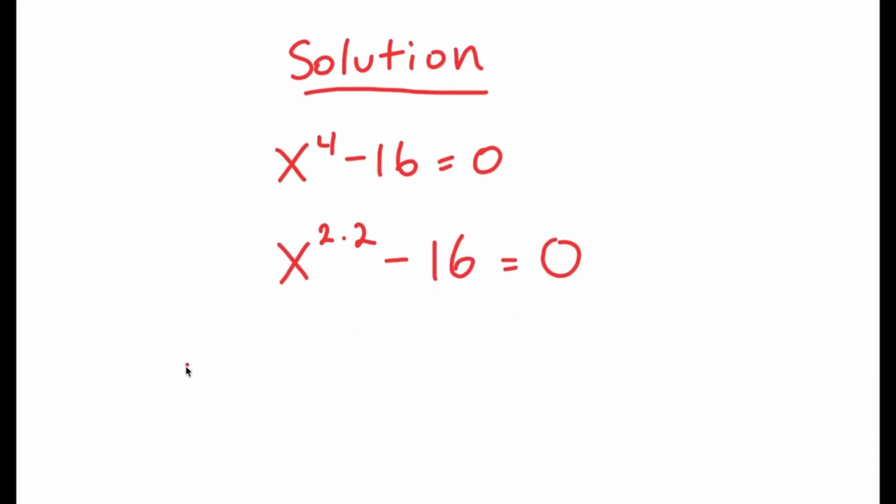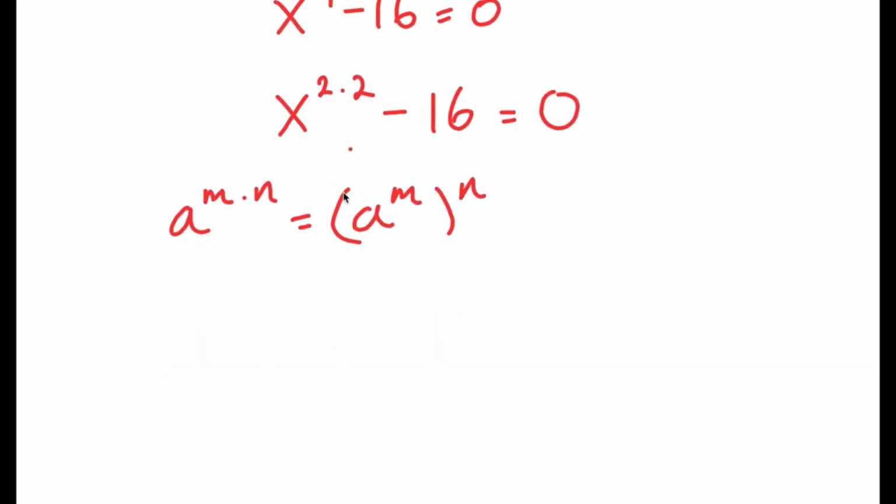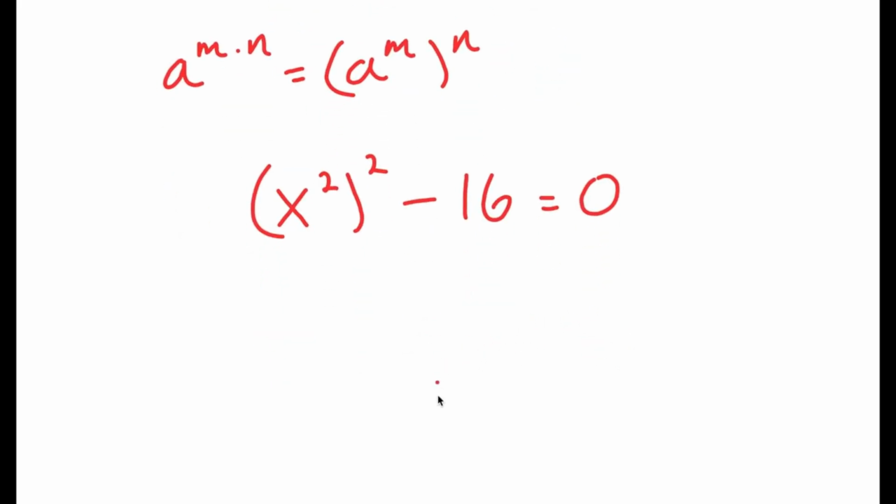Now from here, if I have something in the form a to the power of m times n, this is equal to a to the power of m, to the power of n. So x to the power of 2 times 2 is equal to x to the power of 2, to the power of 2. And I have this minus 16 is equal to 0. Now from here, I'm going to rewrite 16 as 4 squared.